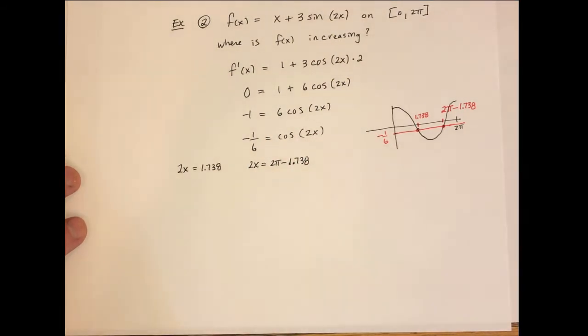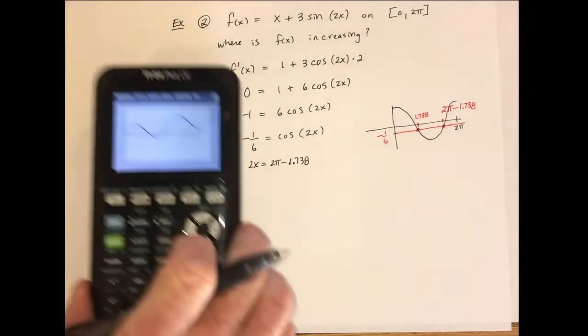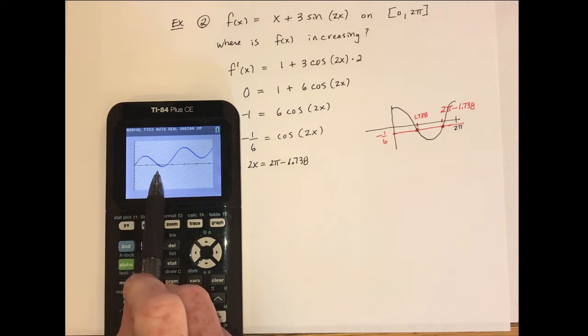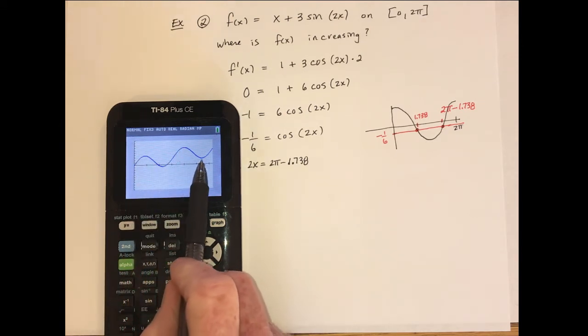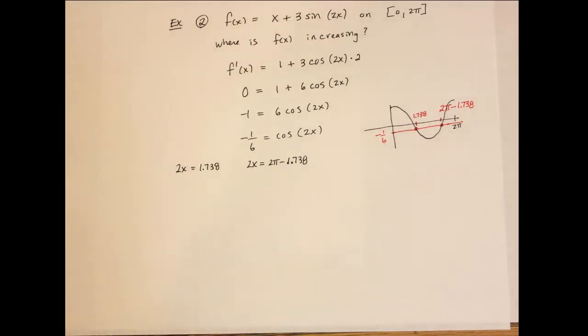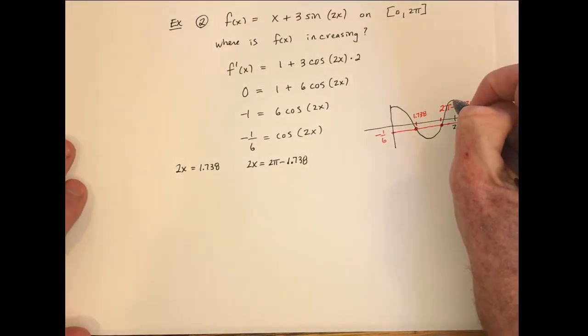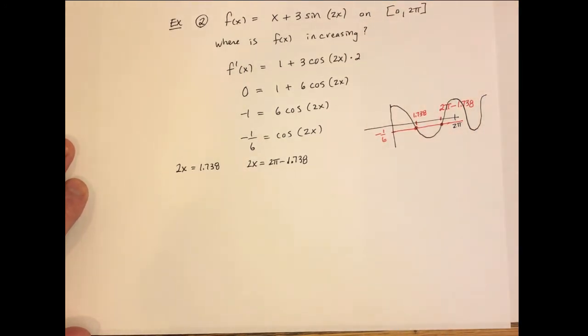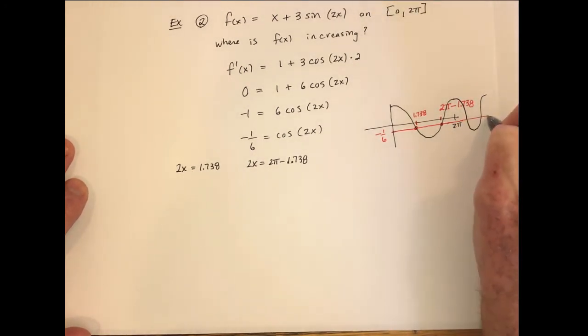And if you remember the graph, the derivative will equal 0, 1, 2, 3, 4 times. So that means that we need 2 more answers. So if you follow this cosine graph out for another cycle and you continue the red line, there's going to be 2 more answers.